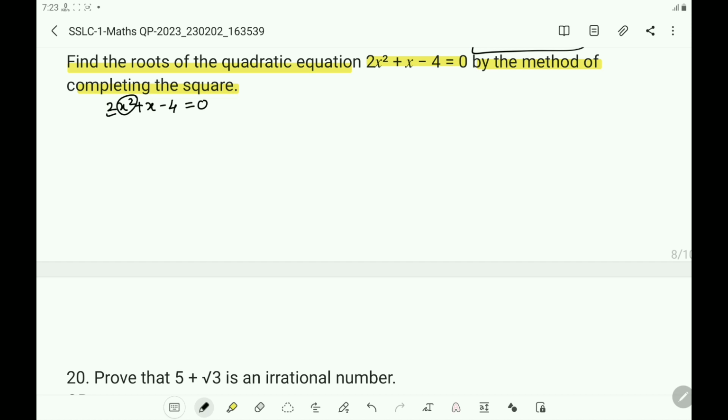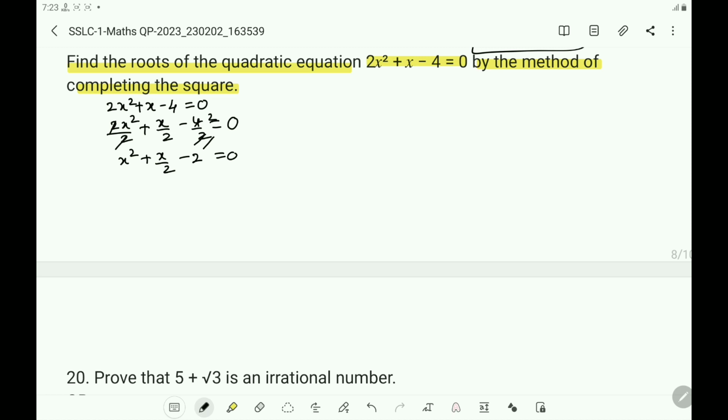Coefficient of x square is 2. So divide all the terms by 2. 2x square by 2 plus x by 2 minus 4 by 2 equals 0. Then 2 cancels. x square plus x by 2 minus 2, 2 ones are 2, 2 2s.